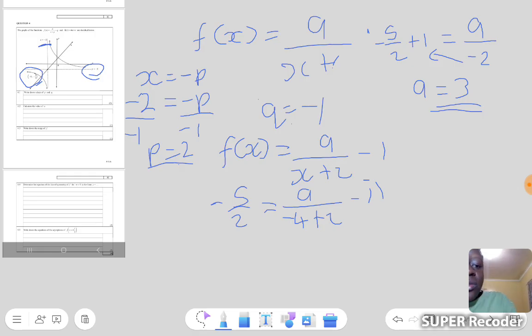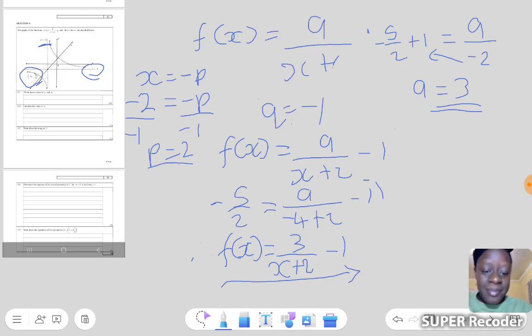So let's write down our formula in full. Therefore, f of x will be equal to 3 over x plus 2 minus 1. They didn't tell us to write the formula, but I'm just writing it for you so that if ever a question comes saying that you have to write the formula for f of x, you'll know how to write it. So let's go to 4.3.